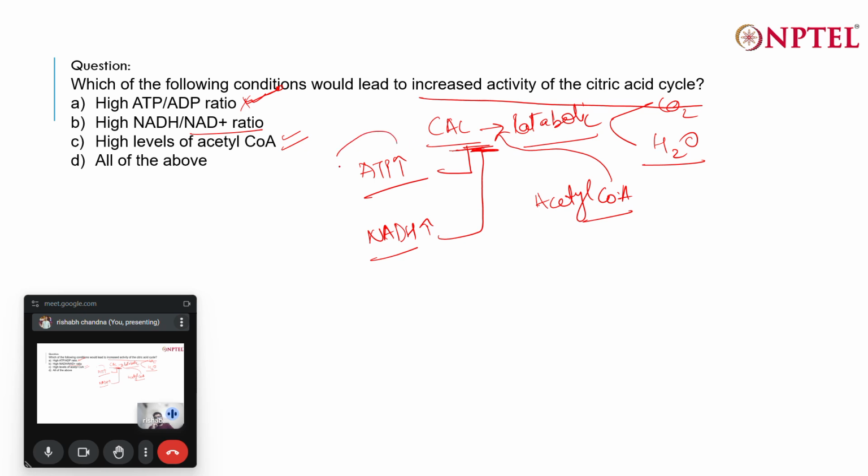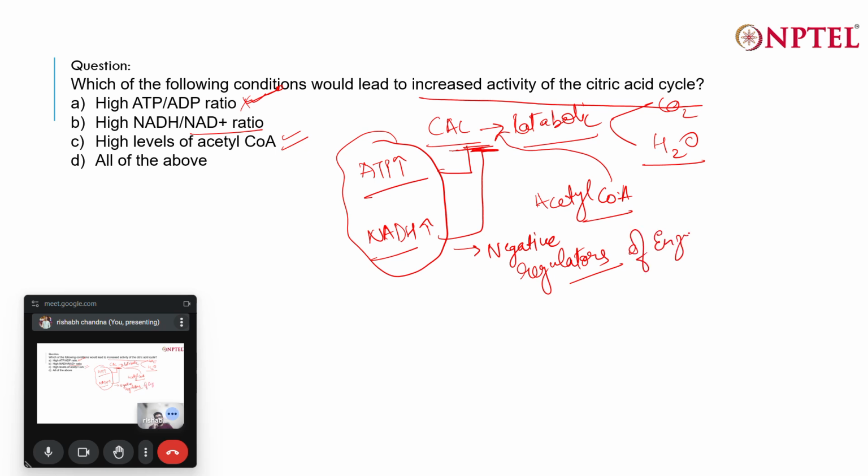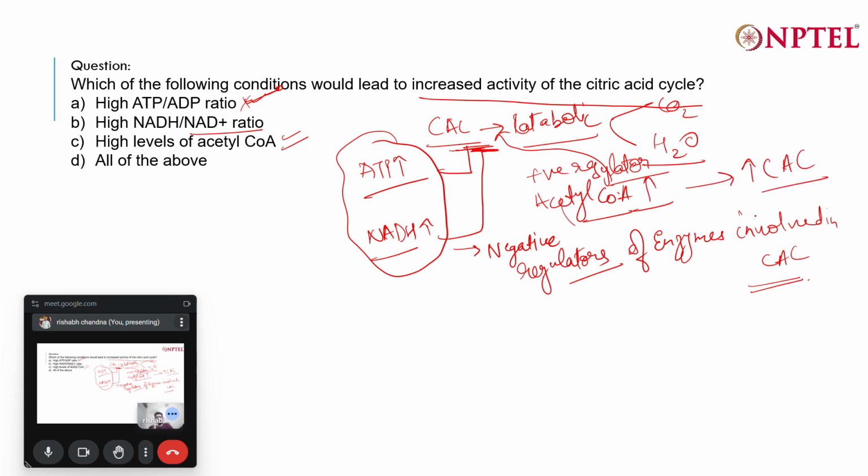Both ATP and NADH are negative regulators of the enzymes involved in the citric acid cycle, but acetyl coenzyme A is a positive regulator. So whenever acetyl coenzyme A is increased, this would increase the activity of the citric acid cycle. So the correct answer is option C.